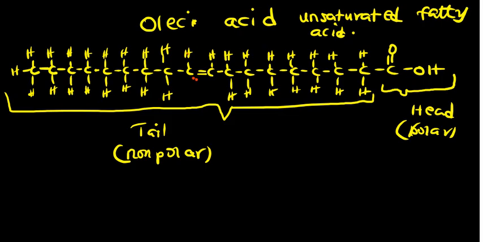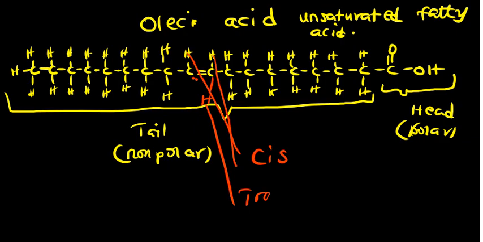So this hydrogen and this hydrogen. But if we were to put this one on the other side, this one will be a trans since the hydrogens are on opposite sides.